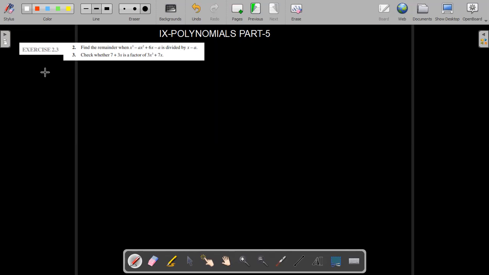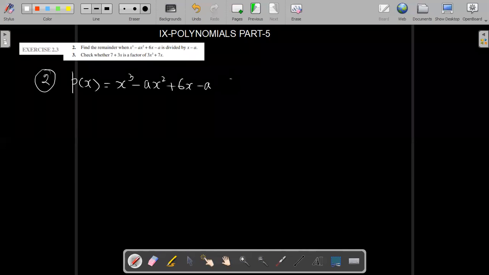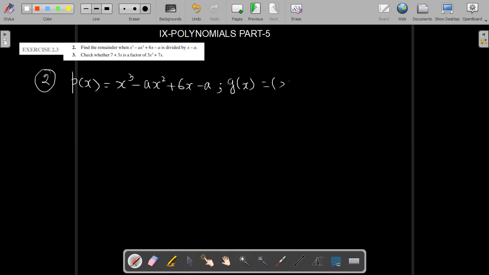So here in question number 2, the given polynomial is p(x) equal to x cube minus a x square plus 6x minus a, and it is divided by g(x), another polynomial, x minus a.